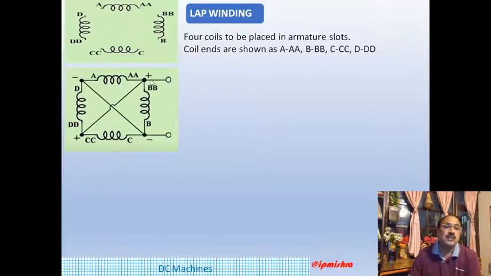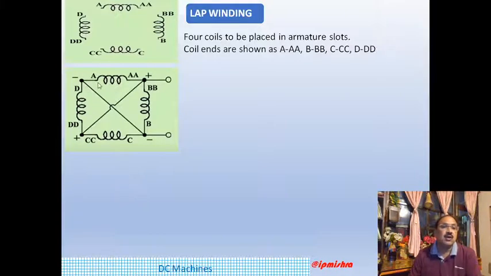So one set of brushes will be positive and another set will be negative. See, coil A is connected to the positive terminal, coil B is also connected to the positive terminal, coil C is connected to the positive terminal, and coil D is connected to the positive terminal.